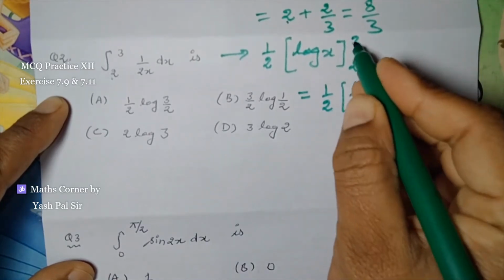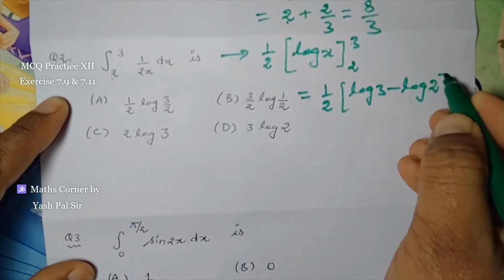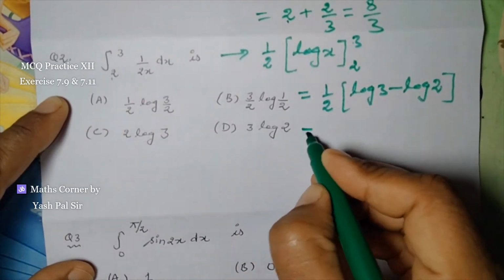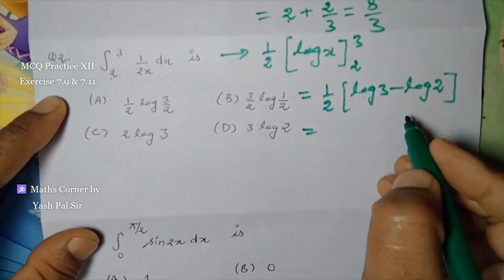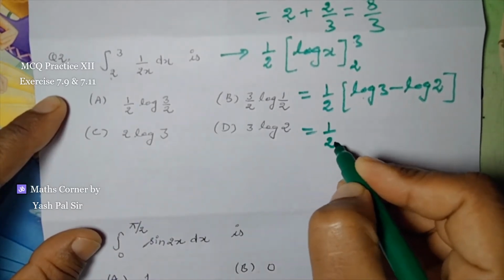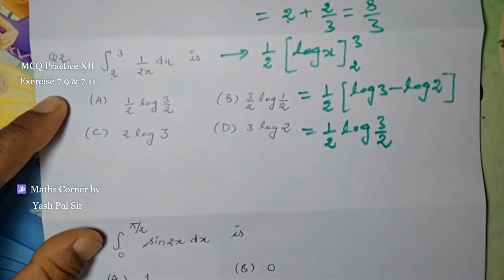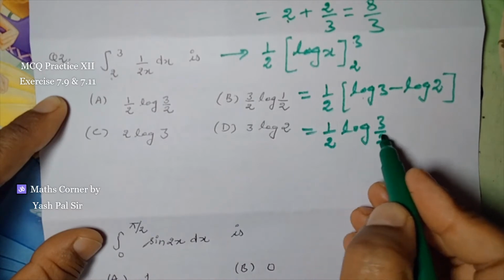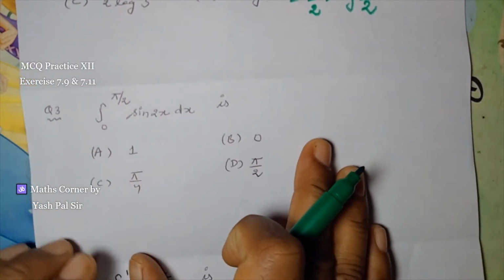Upper limit first of all, log 3 minus log of 2, right? So log m minus log n, we can write log m upon n, that is 1 upon 2 log 3 upon 2. Option number A is the right choice to this question.